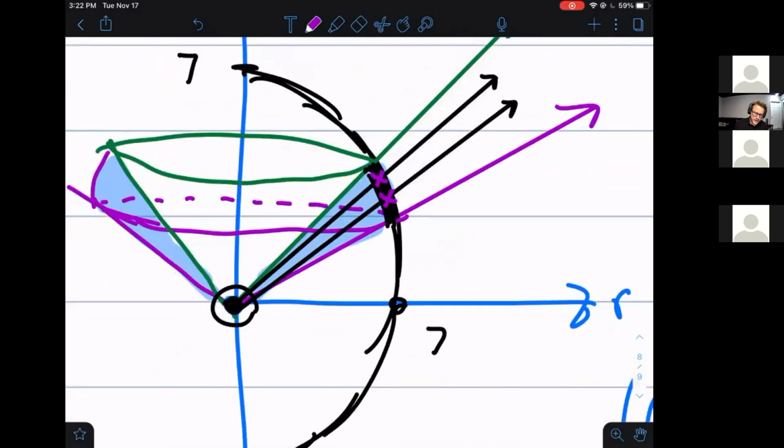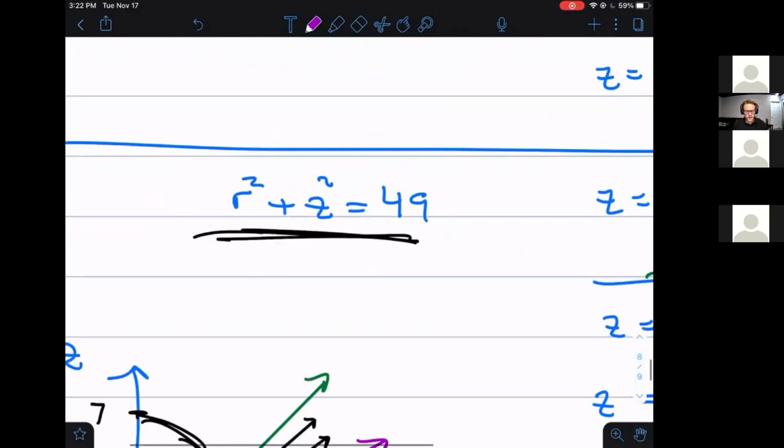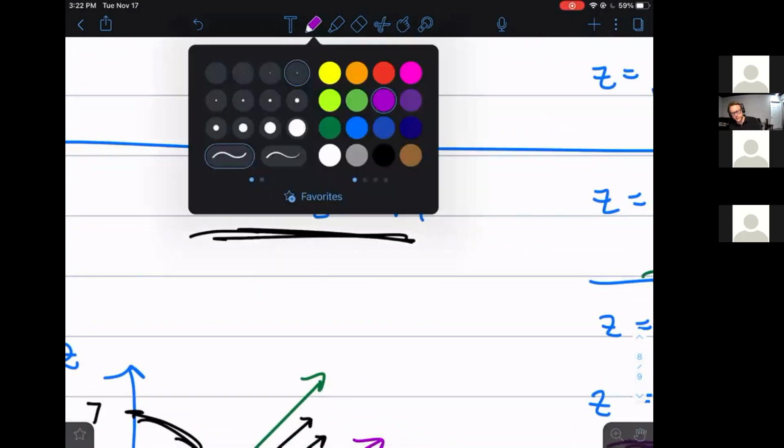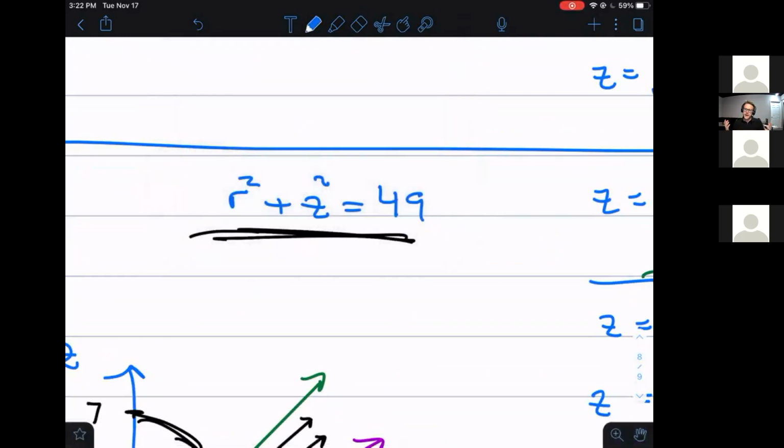And so, well, this came from when we were drawing it before, we did r squared plus z squared is equal to 49. Of course, since we actually want to integrate in spherical, we could write this as rho squared is equal to 49, or that's just going to be rho is equal to 7. So r squared plus z squared is, of course, equal to rho squared.